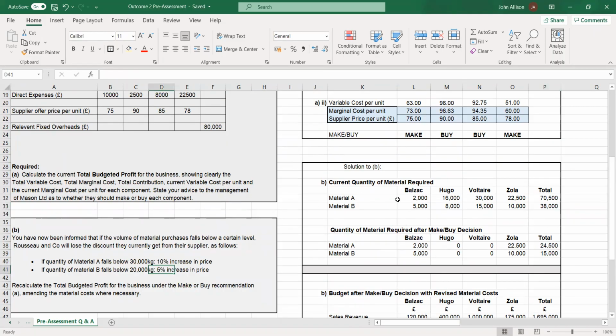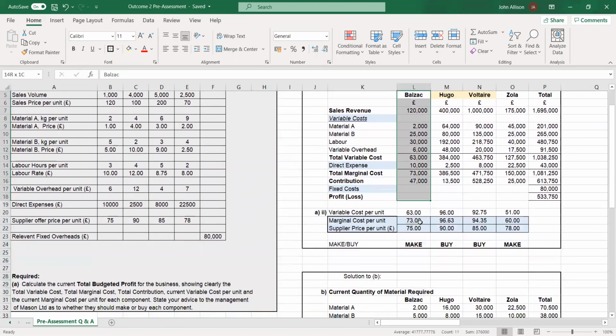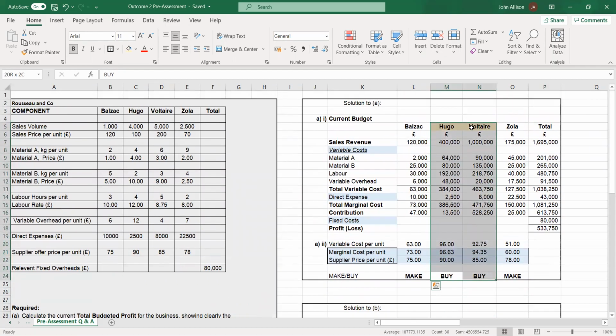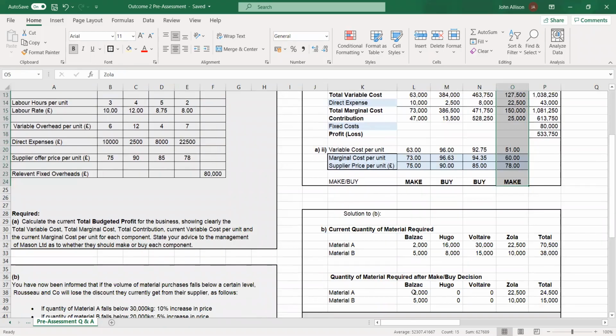So we now need to have a table showing how much of the material we'll use after the make buy decision. So we've chosen to make Balzac. We're buying in Hugo and Voltaire, and we've decided that it's cheaper to make Zola. So the two that we're still going to be using are Balzac and Zola.